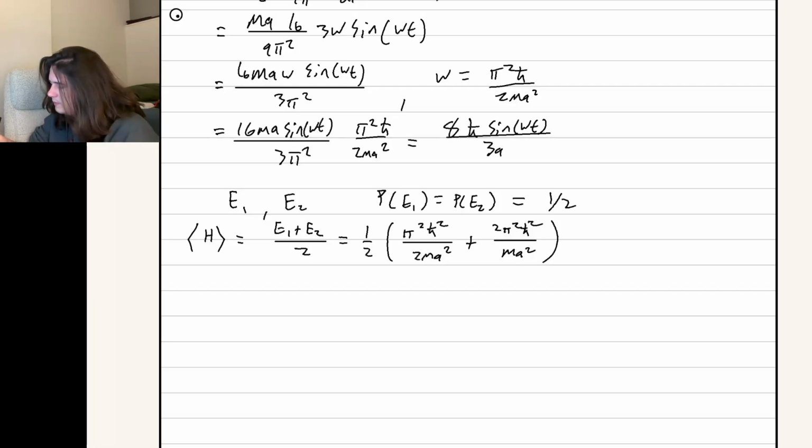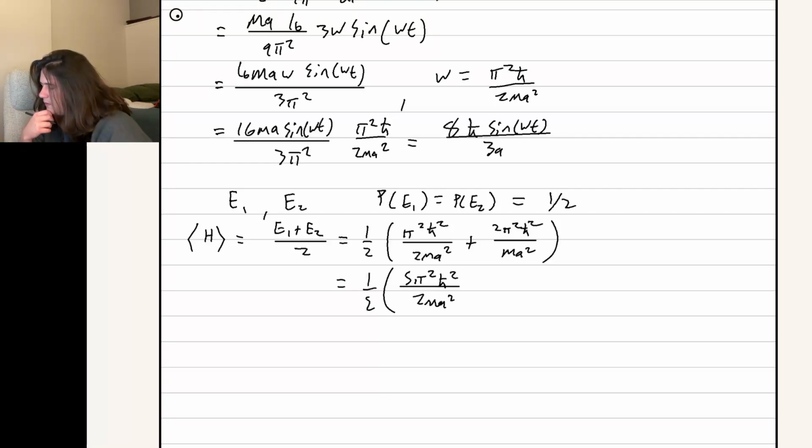And so, just adding these together quickly, we got 5 pi squared h bar squared over 2ma squared. So we have 5 pi squared h bar squared over 4ma squared. Okay, I think that looks good to me.